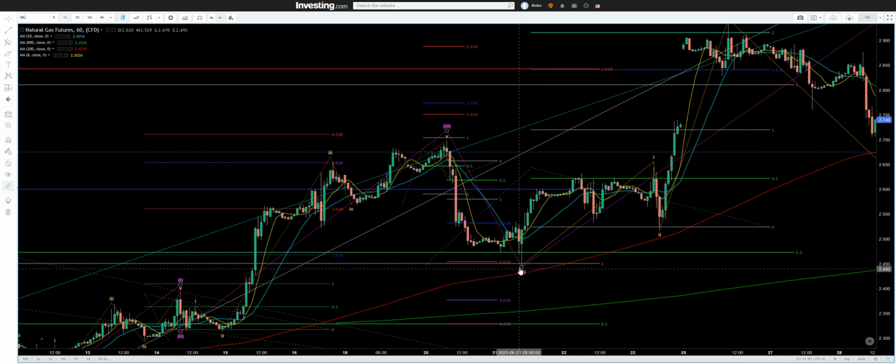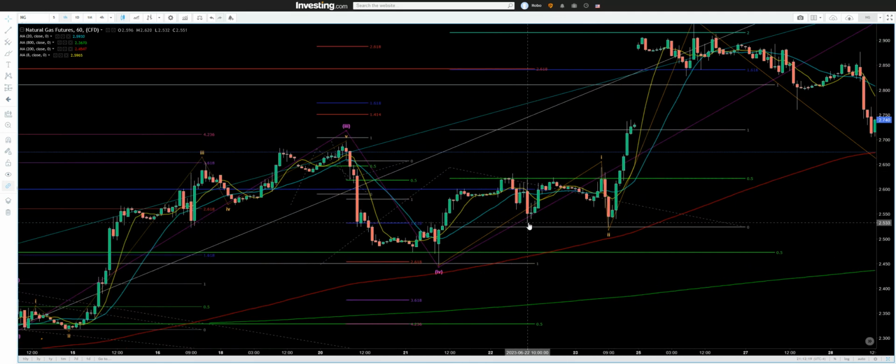So 1, 2, 3, 4, 5, something like that. This would be a diagonal, and you can count it in the 15 minutes. I think this was 4 here, and this was 5. Kind of choppy.